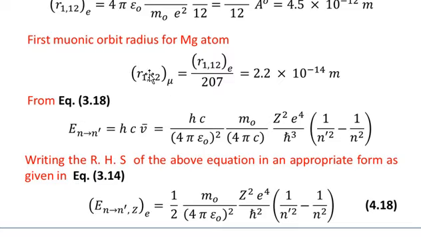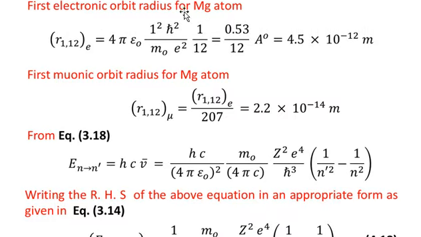So this is the magnesium atom, but this is the muonic magnesium atom. The first radius of the muonic magnesium atom is equal to the radius of the first electronic magnesium orbit divided by 207, and this will give you 2.2 into 10 to the power minus 14 meter.